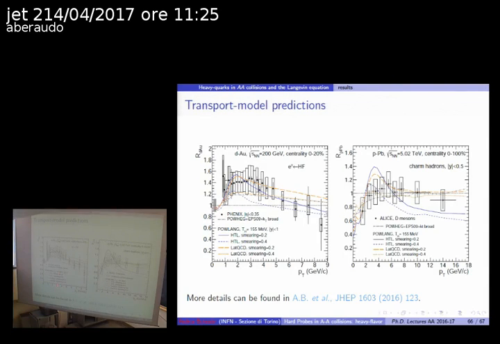But if you rely on these results at RHIC, it seems that they are not incompatible with the possibility that you produce a medium in these collisions which is able to mildly, but not negligibly, affect the result also for heavy flavor.